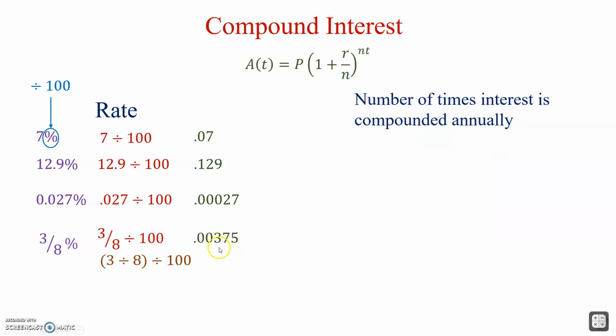So that's our 0.0375. Last one, 6 2/5%. If I just look at this part, 2/5, 2 divided by 5, is 0.4. So I really have 6.4 divided by 100. When I divide it by 100, 0.064.